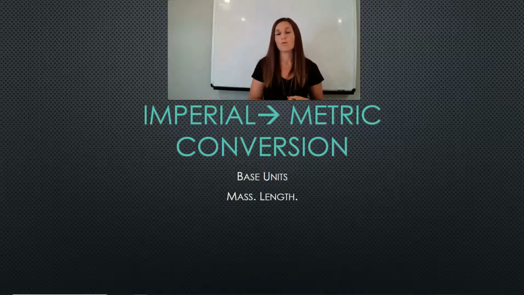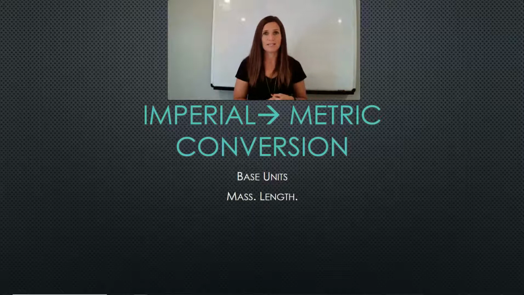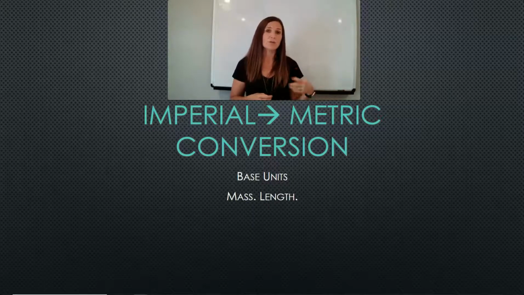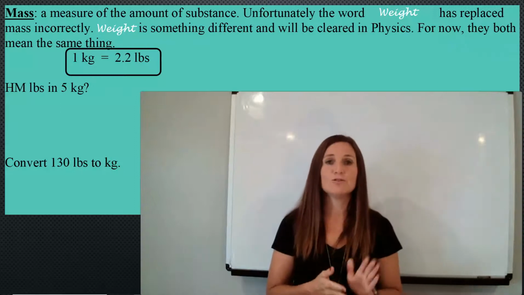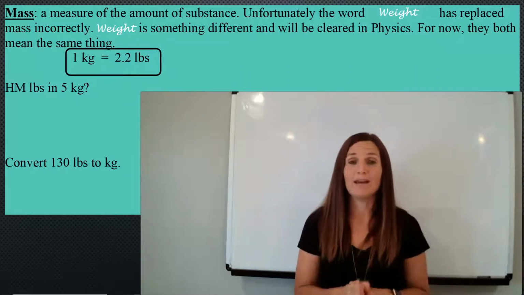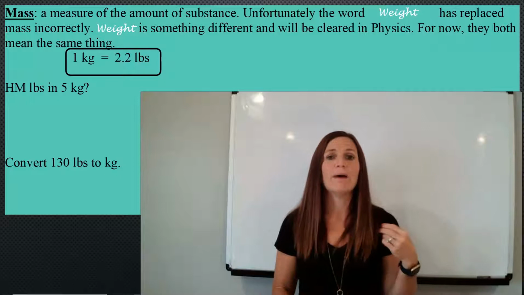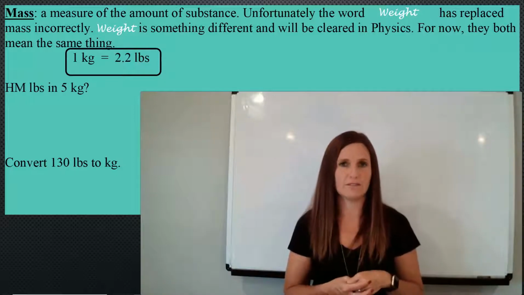We're first looking at the base units of the metric system. So those are the units of mass, which is grams in metric, and length, which is meters or centimeters in metric. But do you remember how we measure mass? So mass is a measure of the amount of substance.